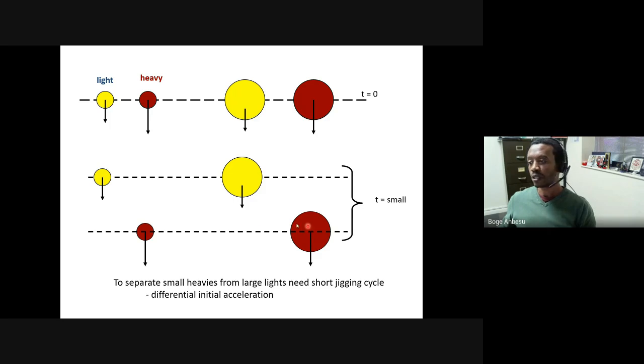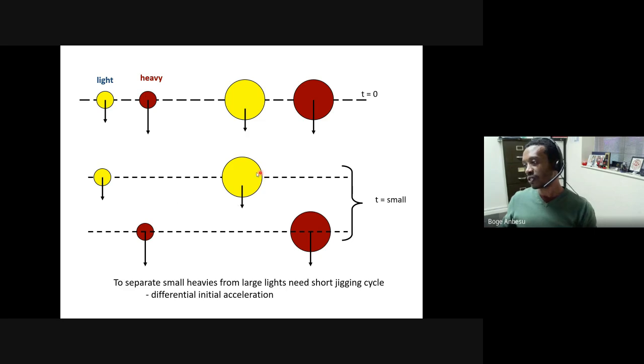As I was saying, in some operations, you don't have this, so you don't have large dense particles. Maybe you have just dense particles. But in some operations or in some ores, you may not have that opportunity, but you just have dense and heavy, and the dense particles tend to be both large and small.